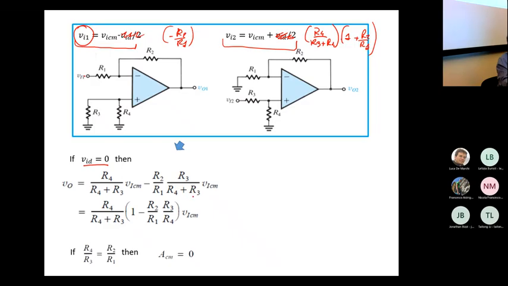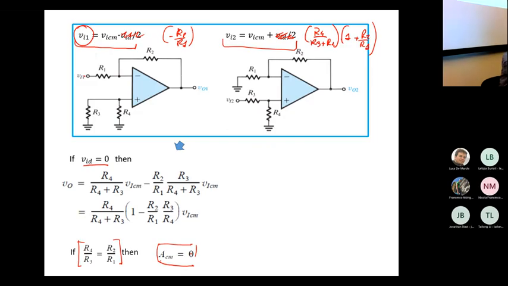Okay, so if you collect all the signals and if you assume that R4 over R3 is equal to R2 over R1, then the bottom line is that the common mode voltage is equal to 0.